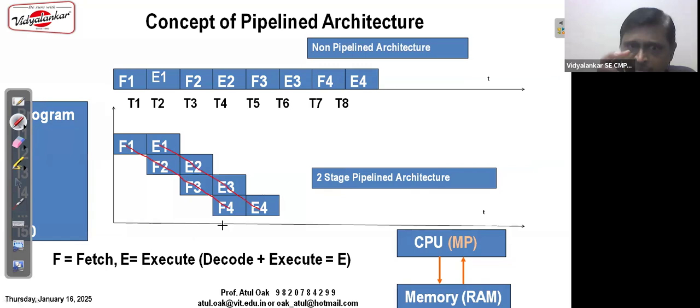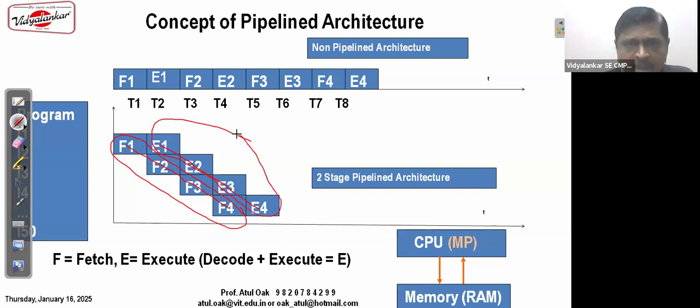The first stage of your 8086 processor is responsible for fetch. Observe it. And the second stage of your 8086 processor is responsible for decode and execute.